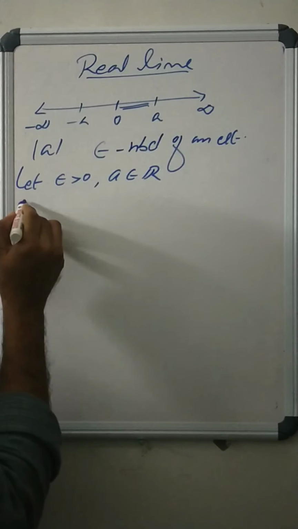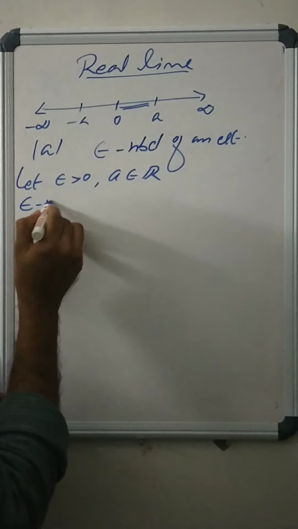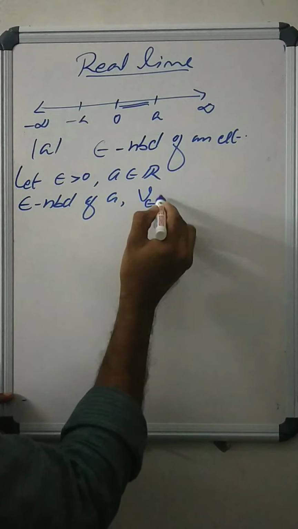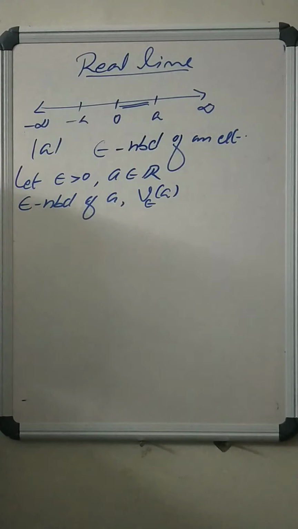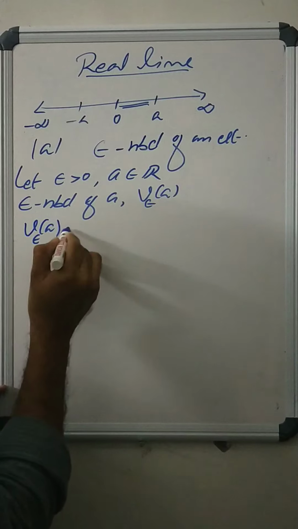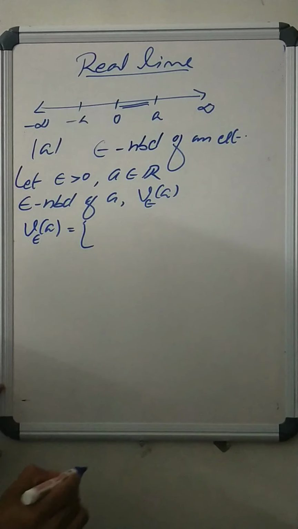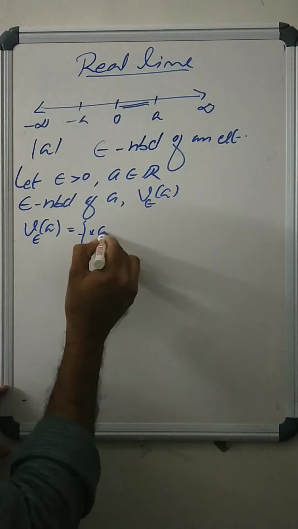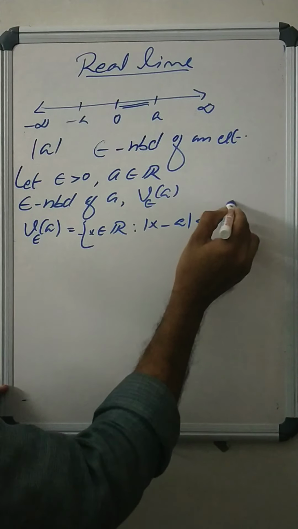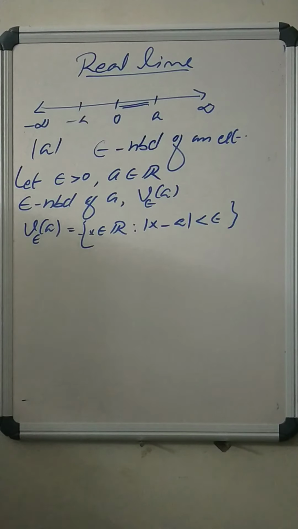Then the epsilon neighborhood of A is usually denoted by V epsilon of A and is defined as V epsilon of A equals the set of all x in R such that modulus of x minus A is strictly less than epsilon. This is the epsilon neighborhood of A.